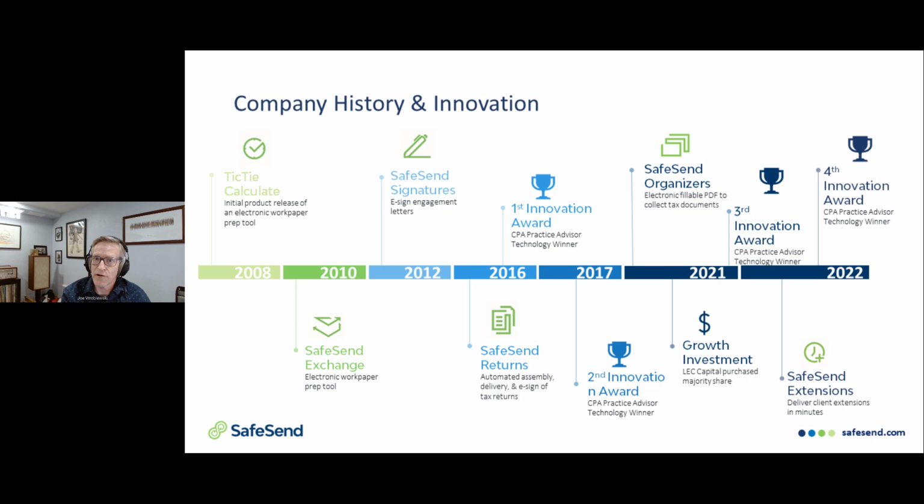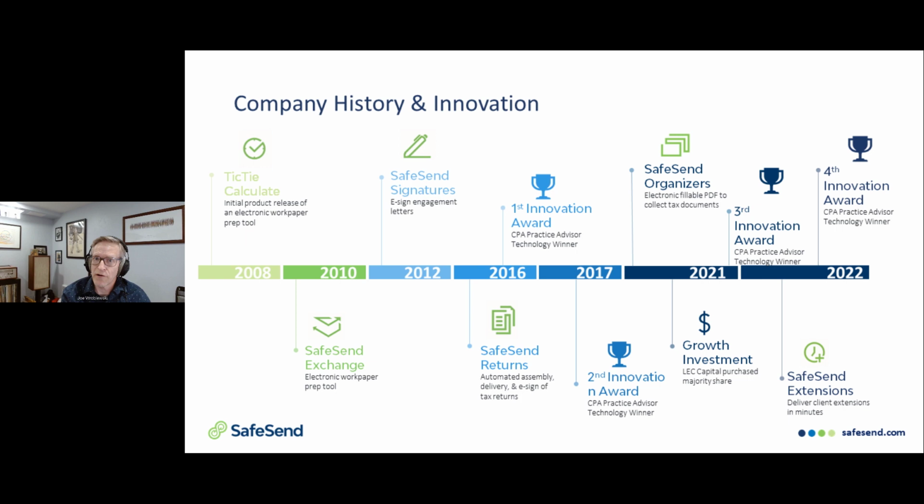I'll talk about why that was quite the innovation at the time. We've also added, since then, the ability to receive automatic reminders about estimated payments coming up and even be able to update those, as well as distribute K1s and quite a few other things. We've been fortunate enough to win 4 innovation awards as of now from CPA Practice Advisor, which is just incredibly hard to believe. It's very exciting.